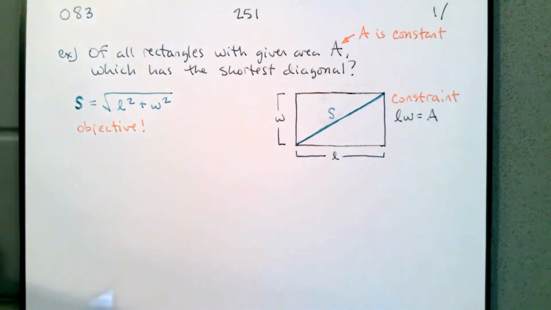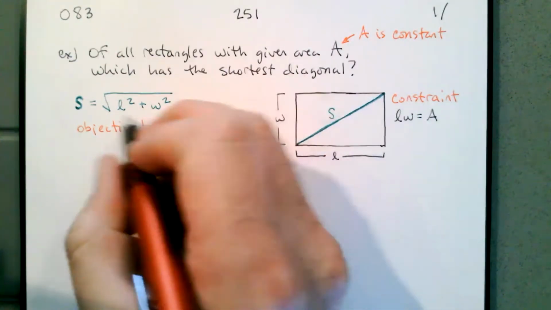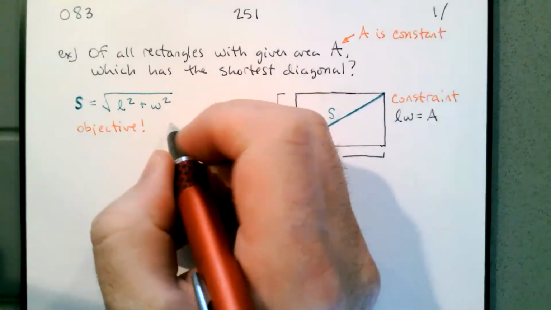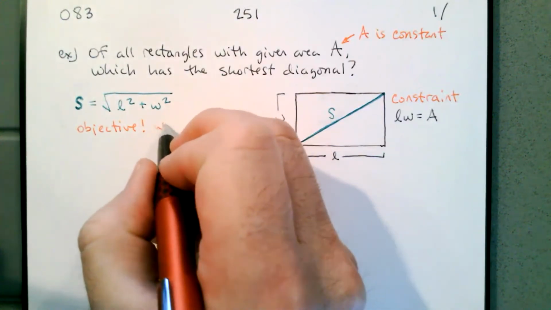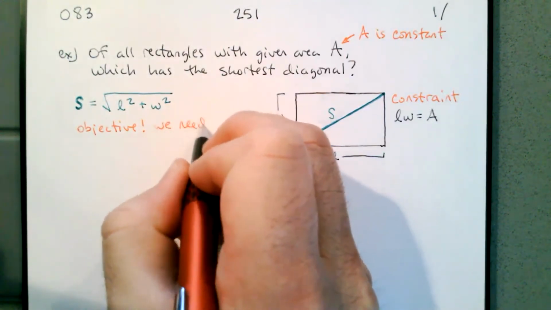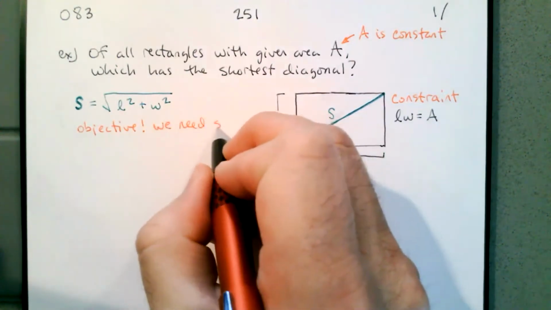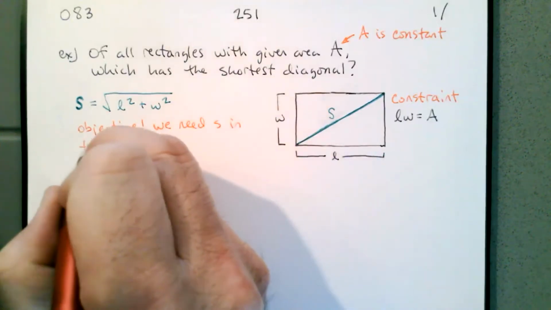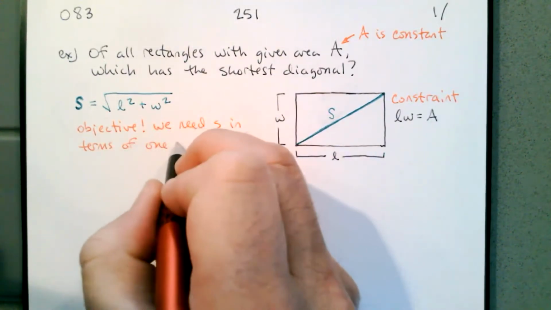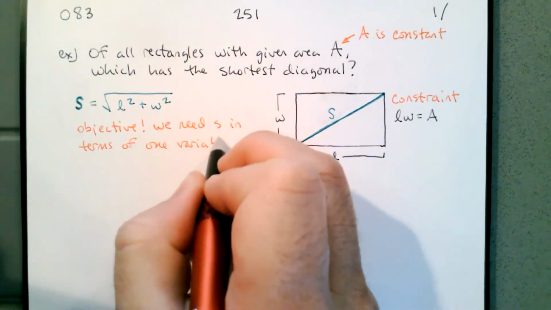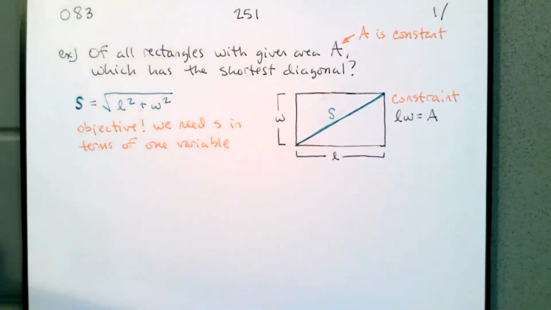It's fixed now. Okay. All right, so right now S is in terms of two variables. We need S in terms of one variable, so we're going to use the constraint to get S down to one variable.